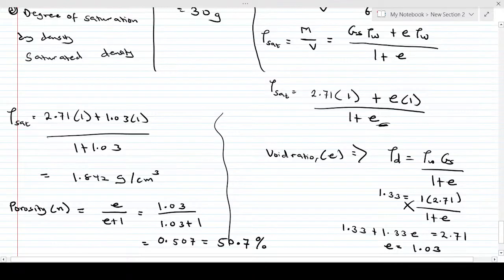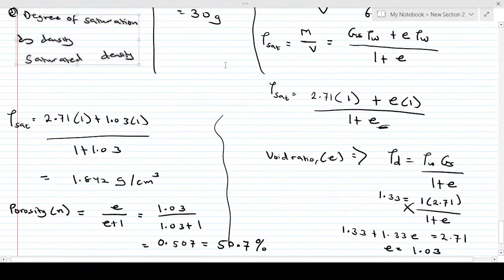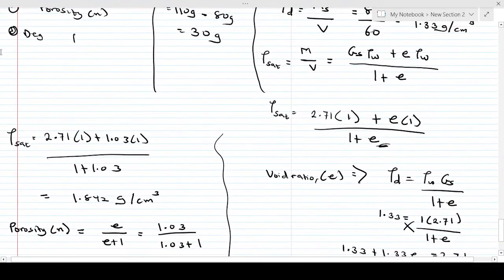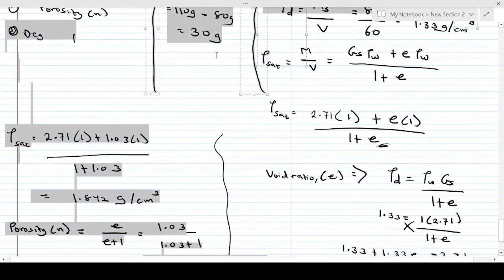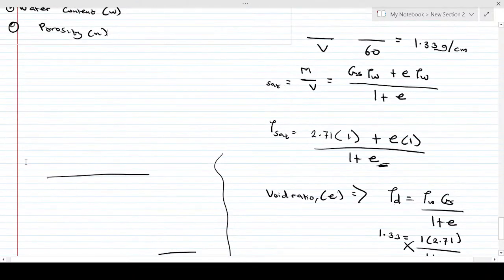Now, the last thing we're supposed to calculate in this question is to find our degree of saturation. So let me clear this side. We are supposed to find our degree of saturation. So first do that.